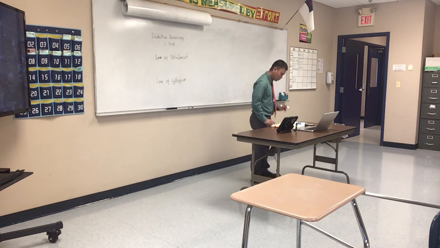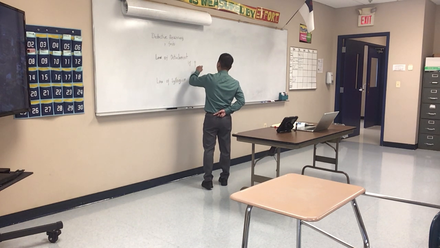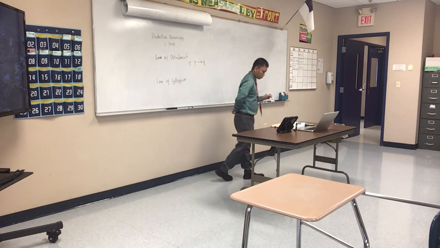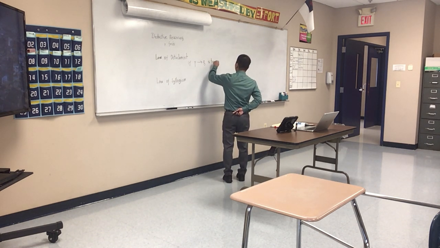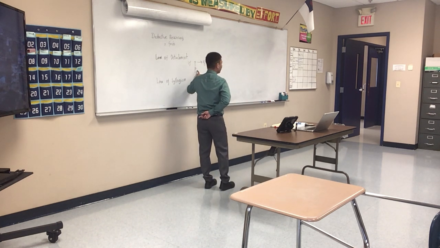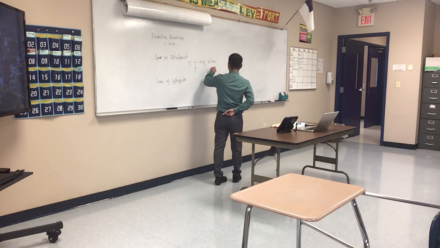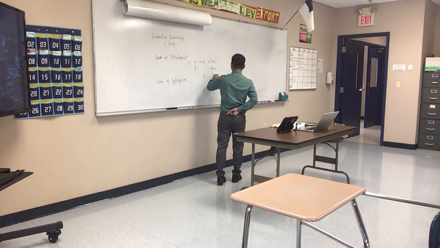So in symbols, we can say that if P implies Q is true, and we have another statement, P, our hypothesis, is also true, therefore we can say that our conclusion Q is also true.